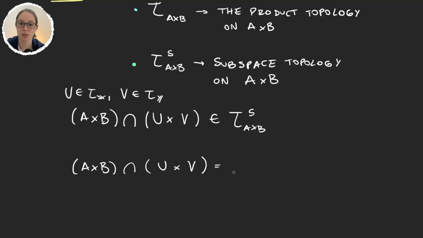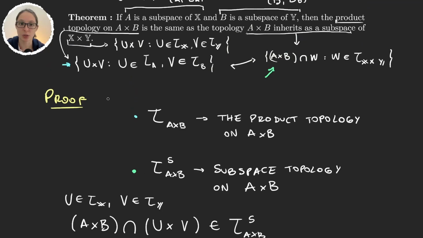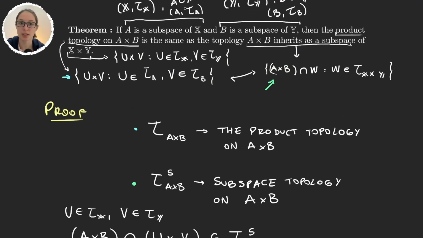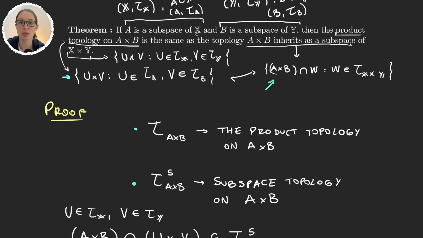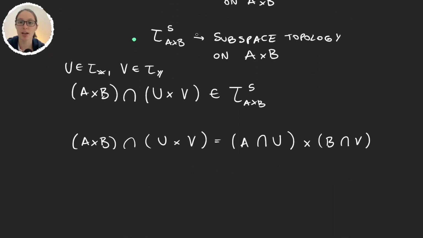This is equal to A intersection U times B intersection V. And now A intersection U, because U was in tau X, is going to be in the tau A topology. So it's going to be in the topology of A as a subspace of X, simply because it's A intersection an open element in the X topology.